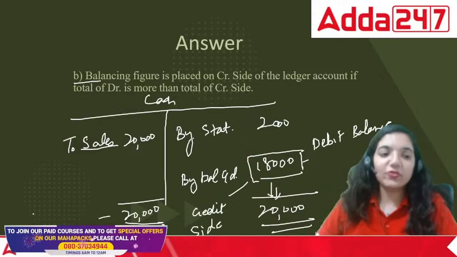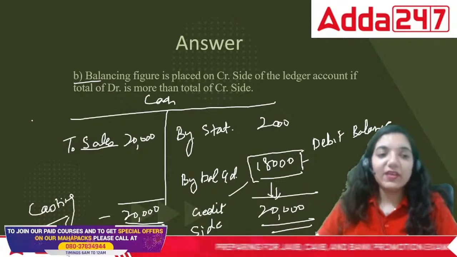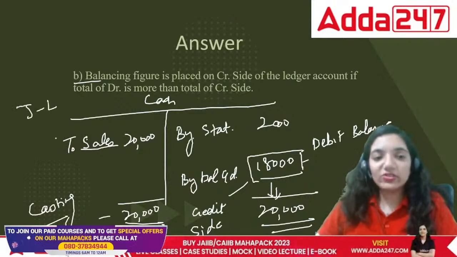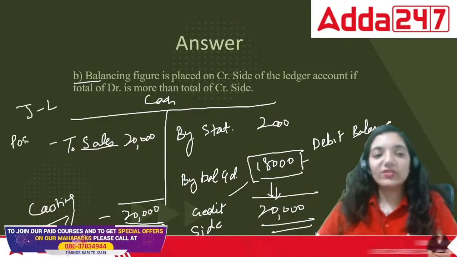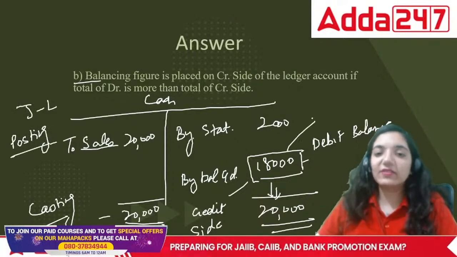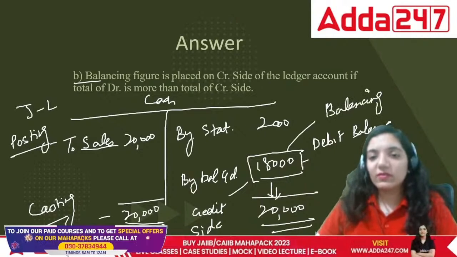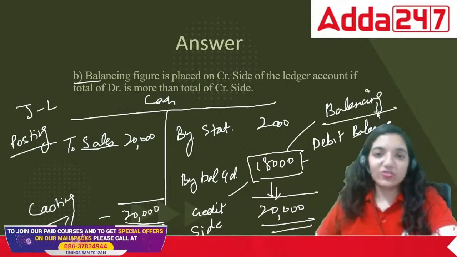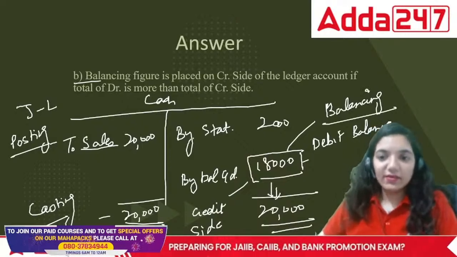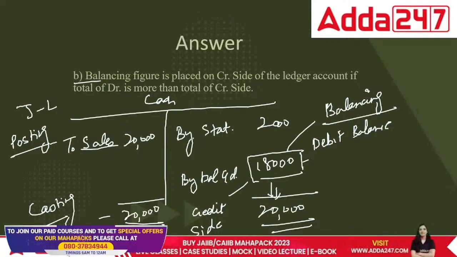This portion of totaling is called casting, and when we take it from the journal to the ledger, this is called posting, and the process of finding this balancing figure is called balancing. So these are the entire terminologies used in the area of ledger.